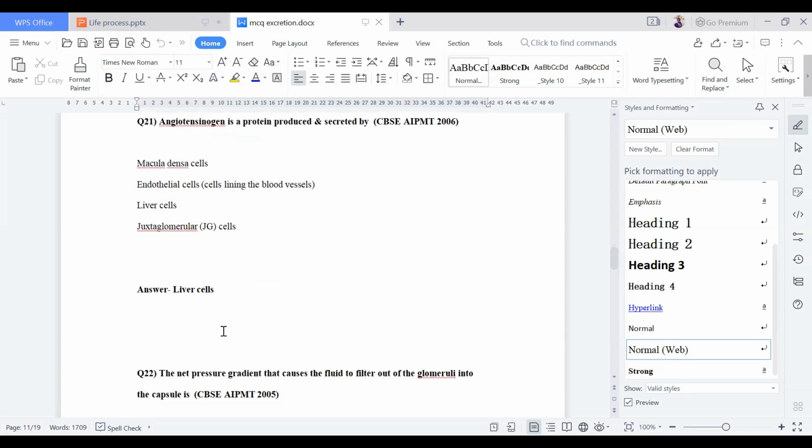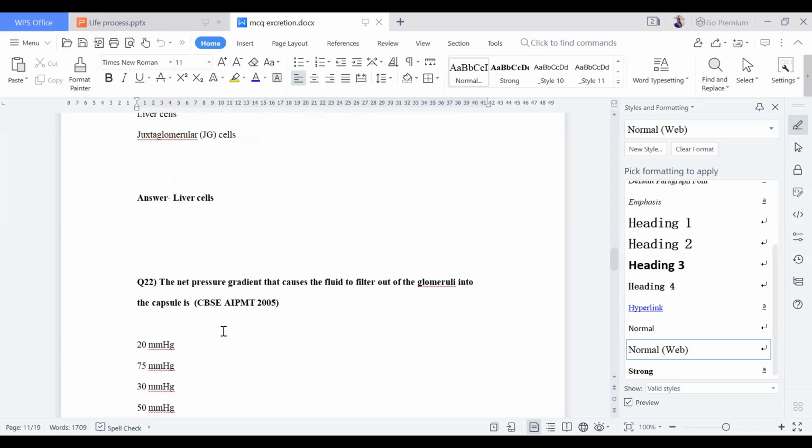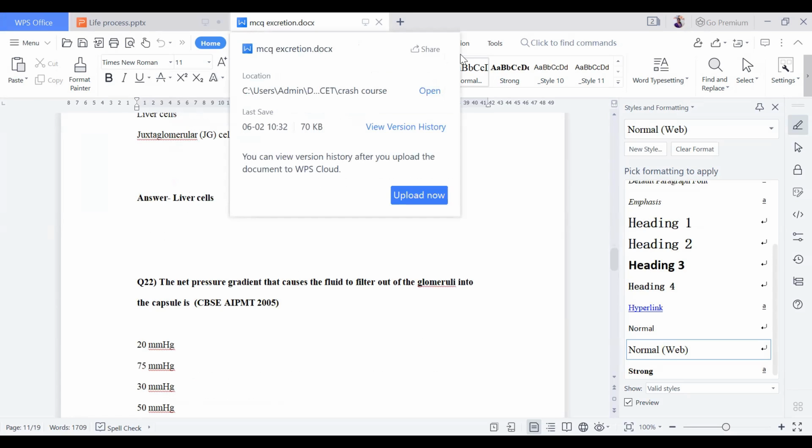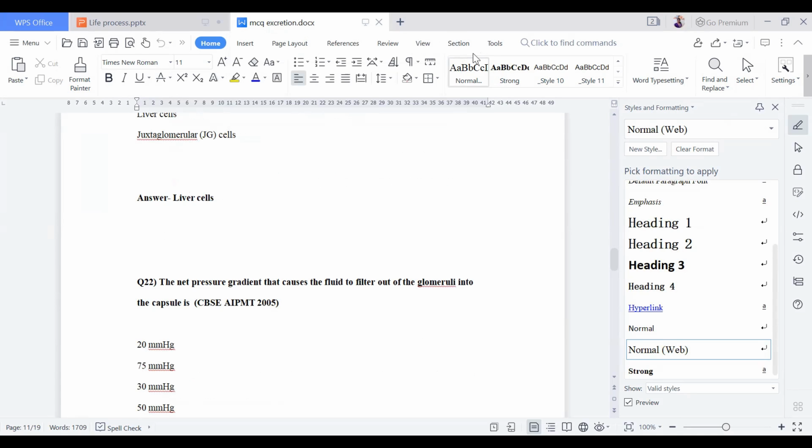Question number 22. The net pressure gradient that causes the fluid to filter out of the glomerulus into the capsule is 20 mmHg, 75 mmHg, 30 mmHg, 50 mmHg.